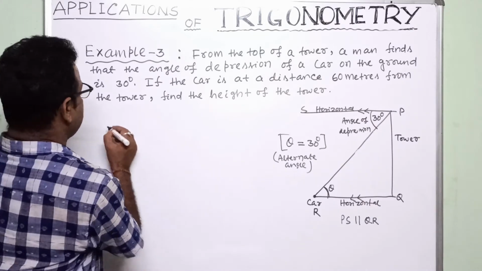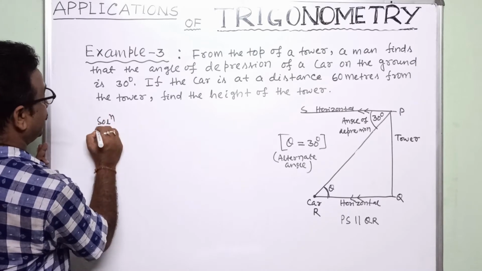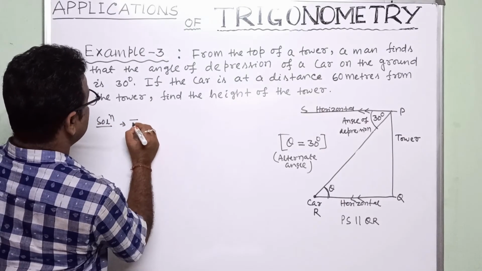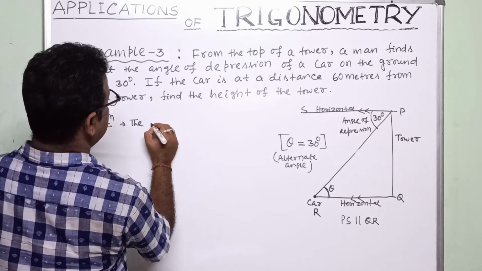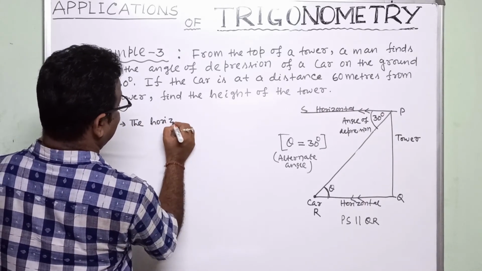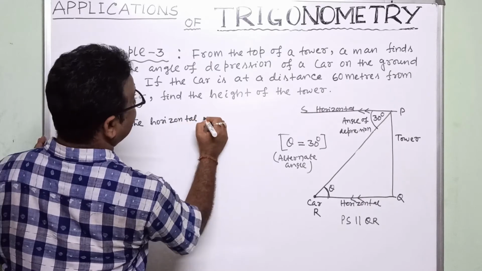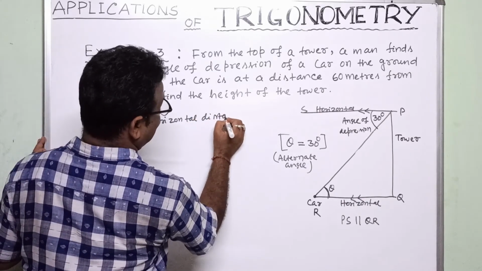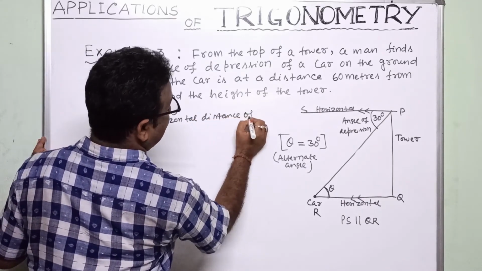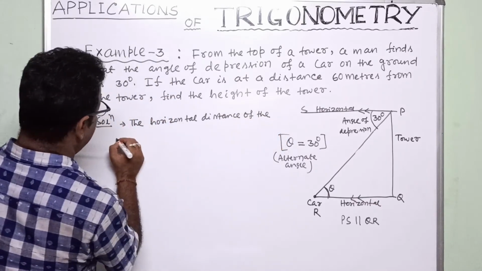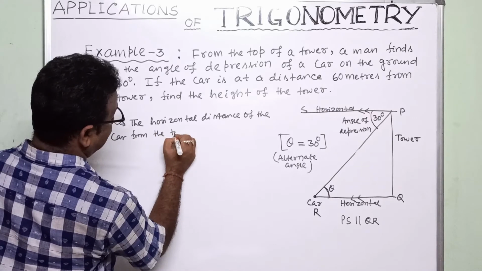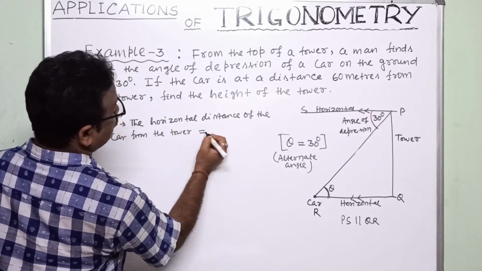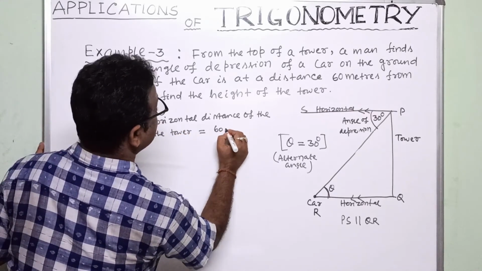Okay, so now solution. The horizontal distance of the car from the tower is equal to 60 meter.